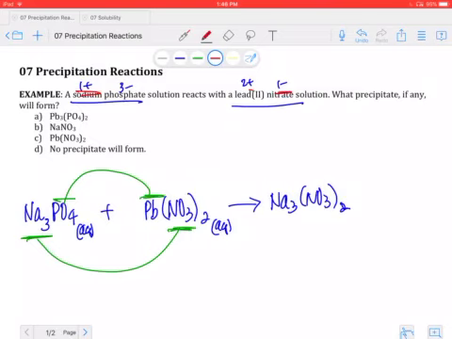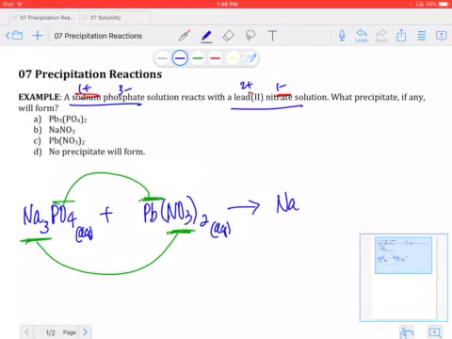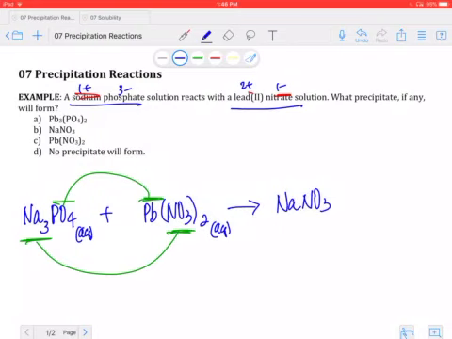So I just need 1 sodium to balance 1 nitrate. So we don't want to just copy directly from what our reactants were. We want to go back to how we balance those ions together. So sodium is Na, nitrate is NO3, and since they each have that 1 charge, we just need 1 of each.